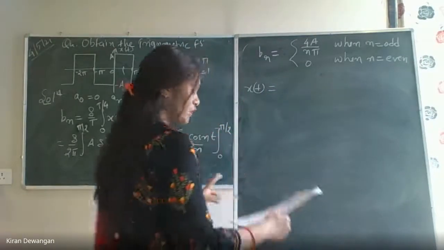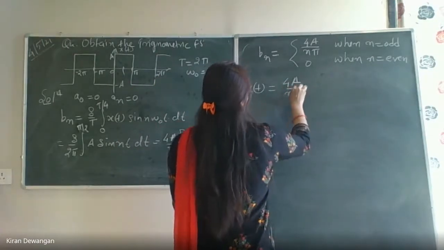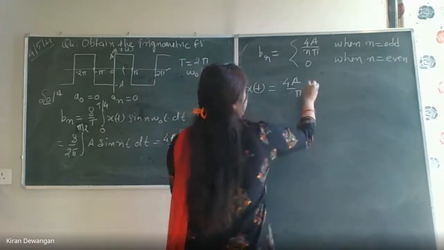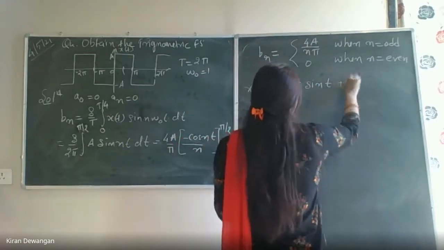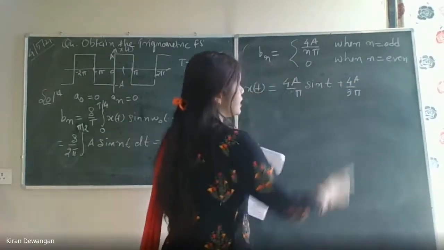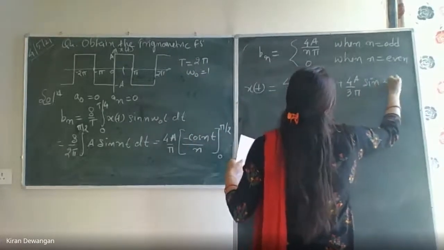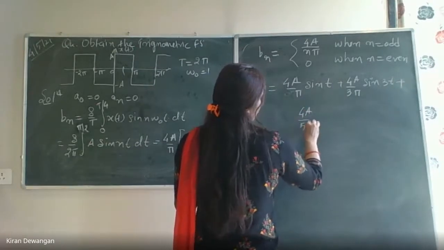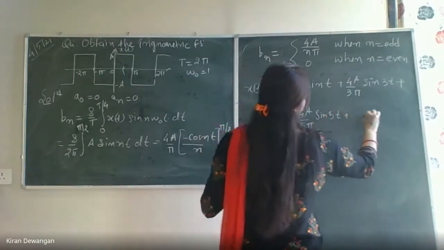So we'll be writing bn, that is 4A by pi, taking n as 1, sin t, plus 4A by 3 pi, n is 3, for odd values of n, sin 3t, plus, if I take further, 4A by 5 pi sin 5t, and it goes on.